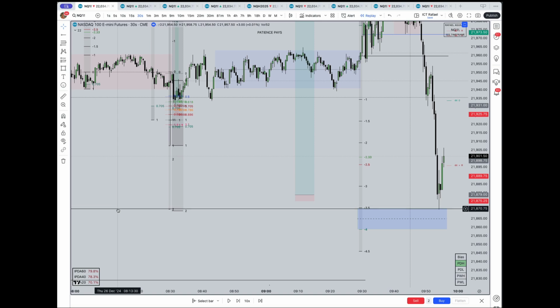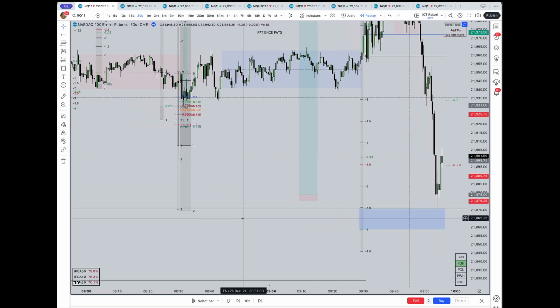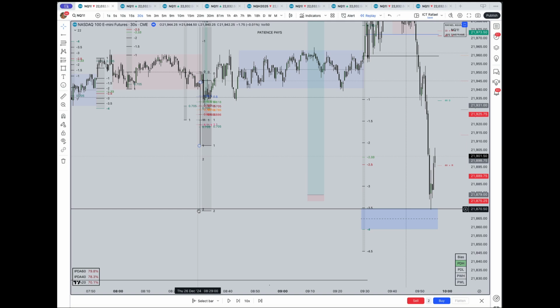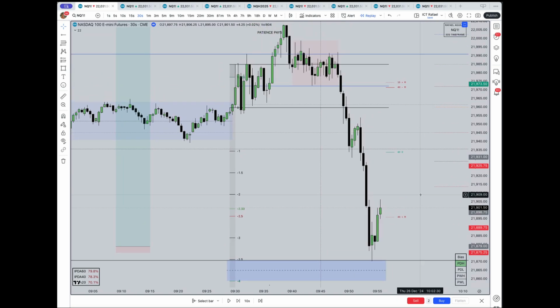So yeah, the same. One tick below. 21.87050, 21.88025. One tick below. It took the liquidity that was supposed to be resting here from the, I don't know, and that was the long, the high of the day.